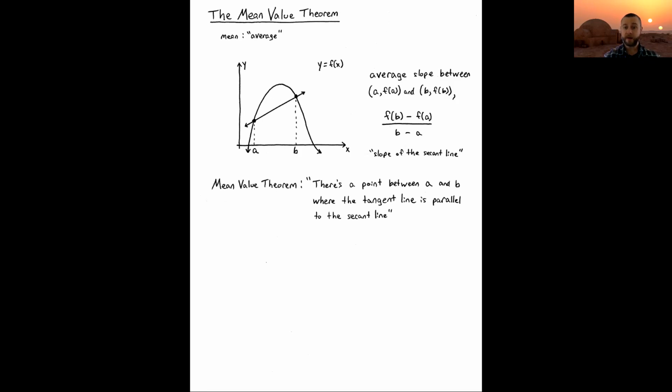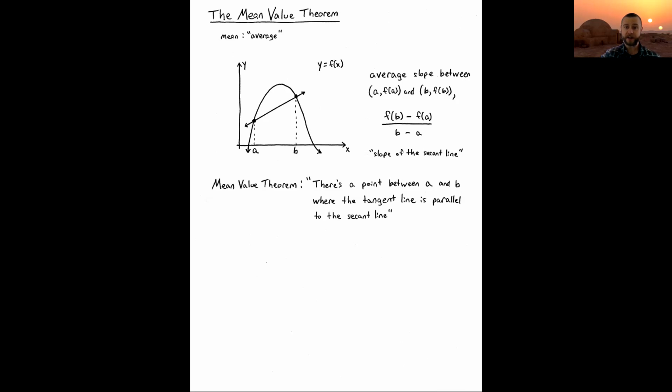All right, now how do we find that point where the tangent line is parallel to the secant line? Let's just move our secant line up in a parallel fashion until eventually the secant line becomes tangent to the curve. So slowly move your secant line up without rotating it, keeping the slope the same.